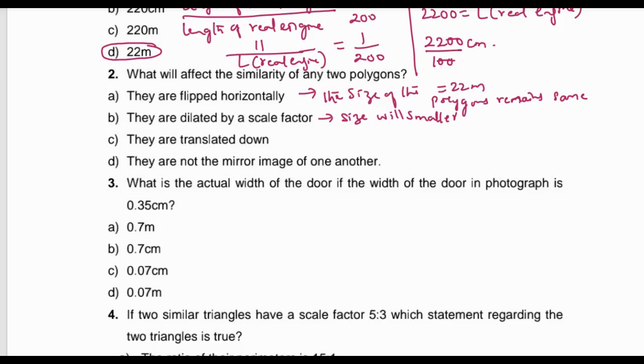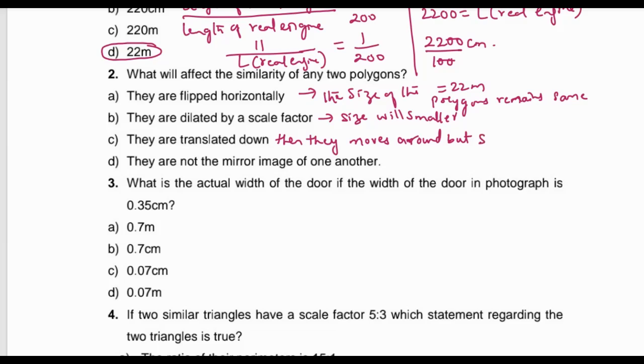To the ratio of the side remaining the same, so the size will become smaller when you are taking the scale factor. The next one you have, they are translated down. If they are translated down, then they move around, but the shape will remain the same.